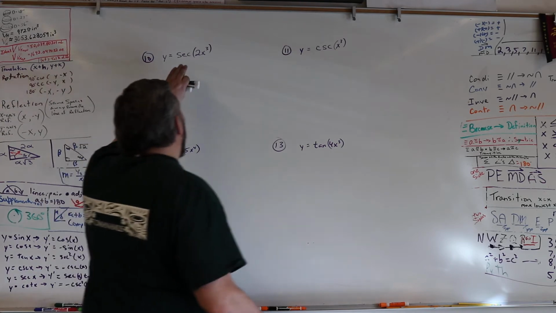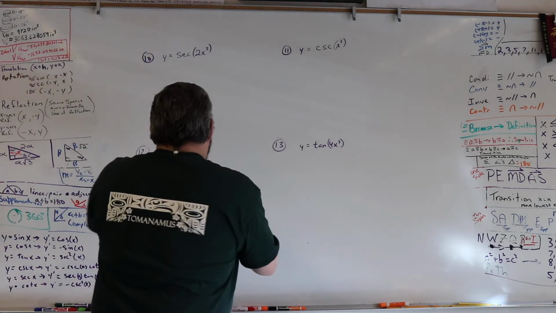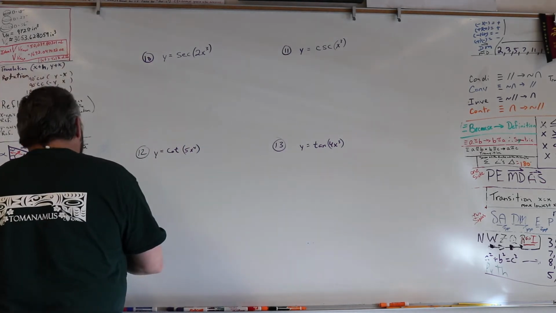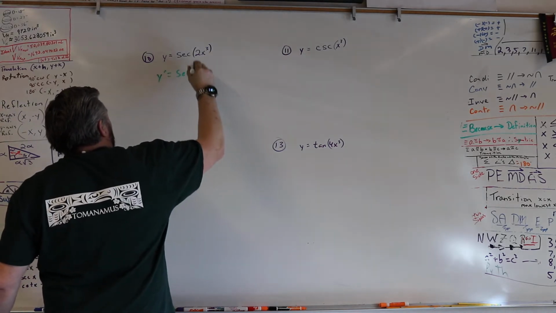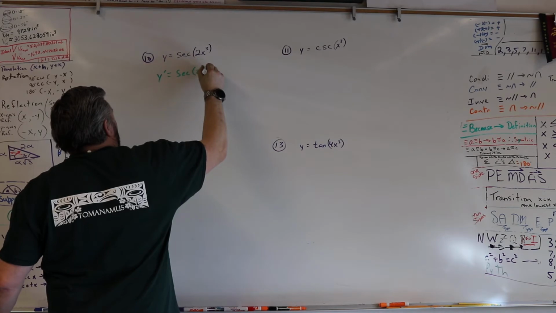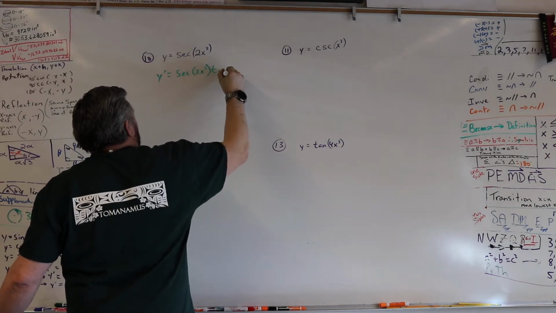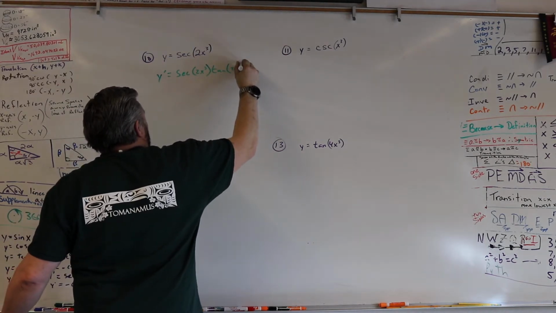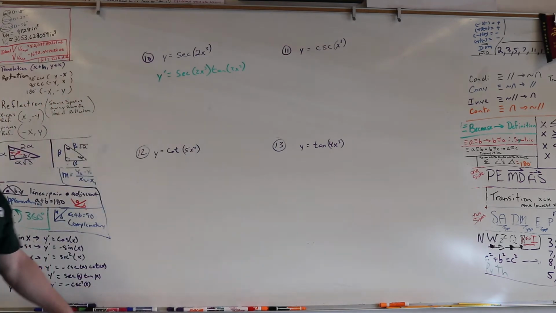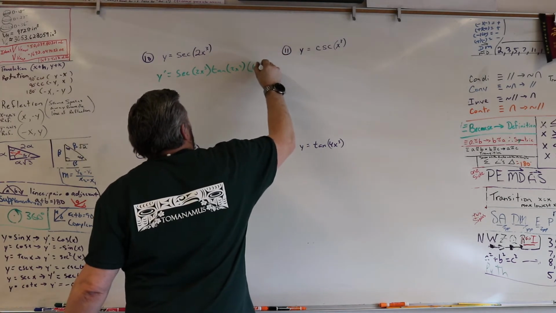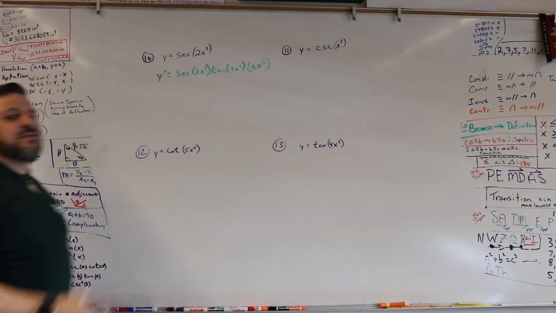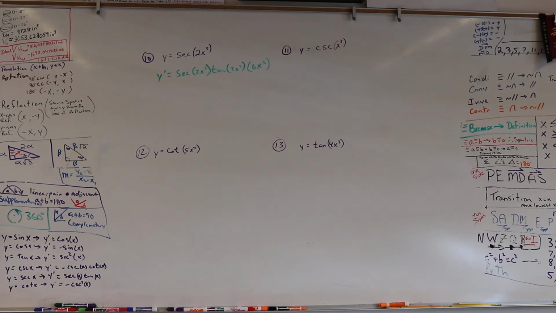So, when we do these, the derivative of secant is secant 2x cubed tangent 2x cubed, right? And then we got to do the 2x cubed. So what is the derivative of 2x cubed? 6x squared, good.